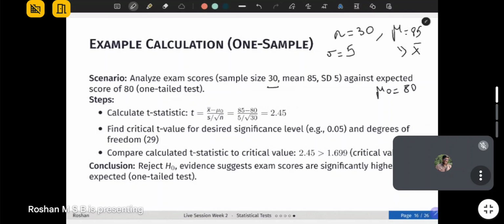The alternate hypothesis can be that the mean is greater than the expected.